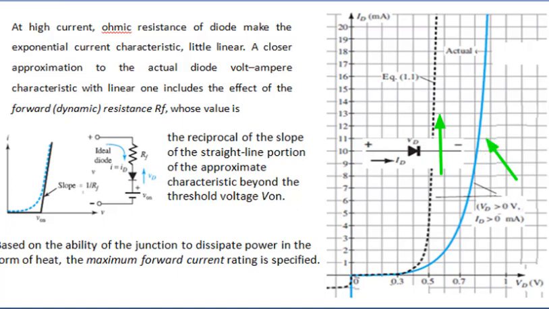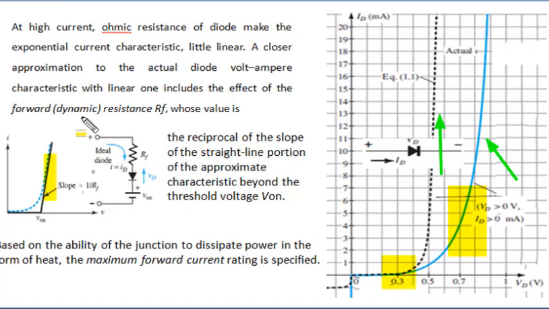This slope is because the diode's forward resistance comes into the picture, whose value is the reciprocal of the slope which we have obtained from the straight line portion of the approximate characteristics. This forward resistance makes the curve slope-type, and the current will increase after the threshold voltage or knee voltage.